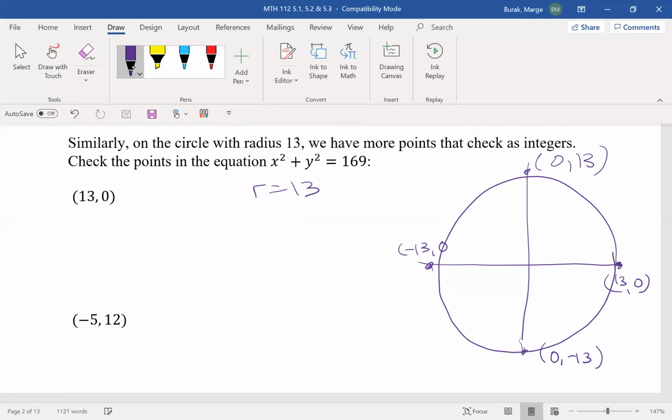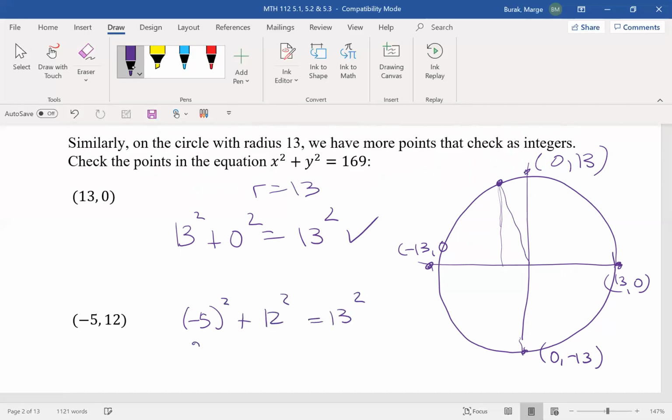First of all, 13 squared plus 0 squared equals 13 squared. That's easy. But this one has, say, -5 and up to 12. And that's a nice triangle. So let's try -5 squared plus 12 squared equals 13 squared.